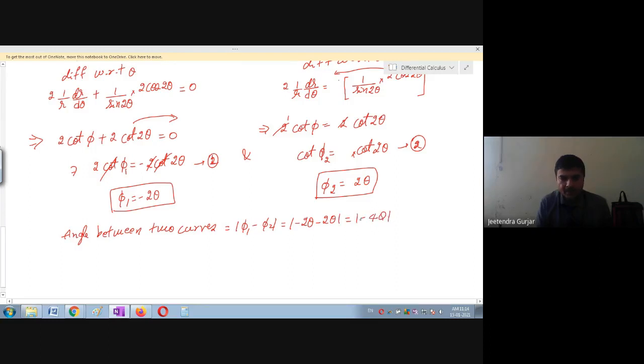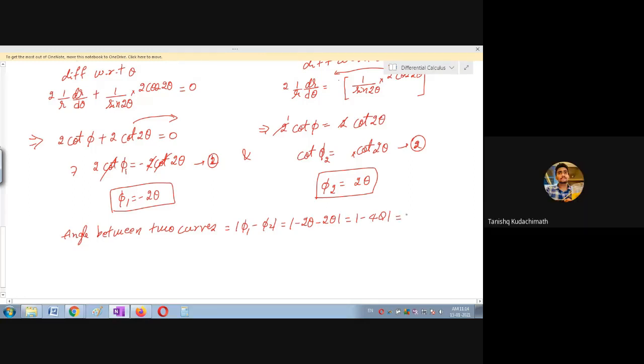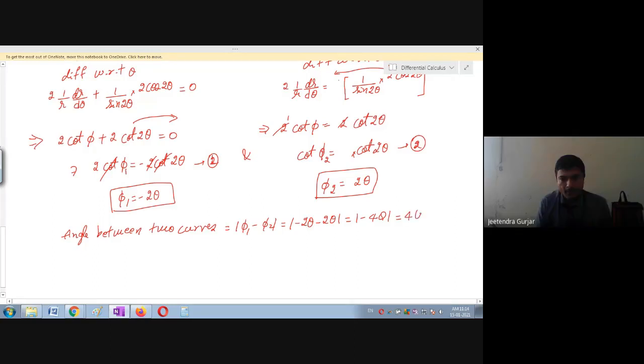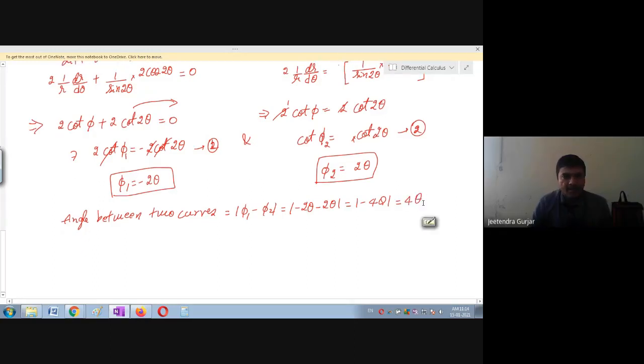Modulus means whatever value comes inside, we take it as plus. Yes, 4 theta is the answer.